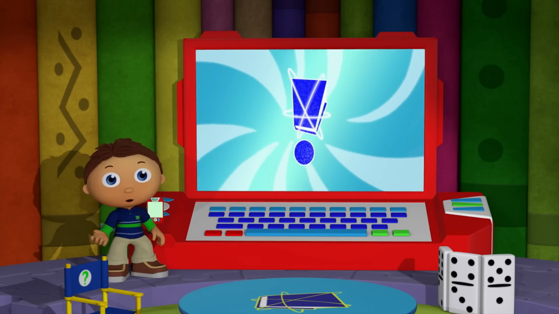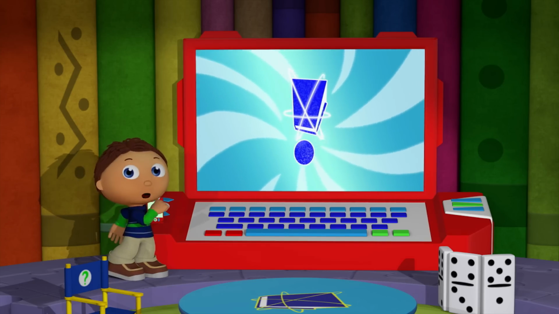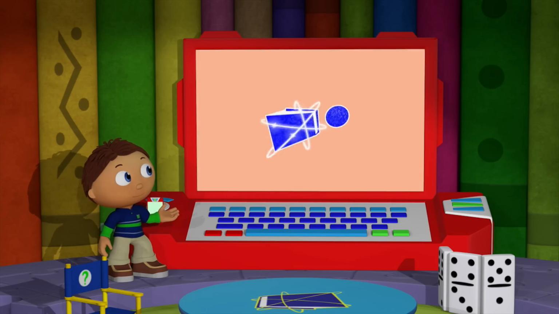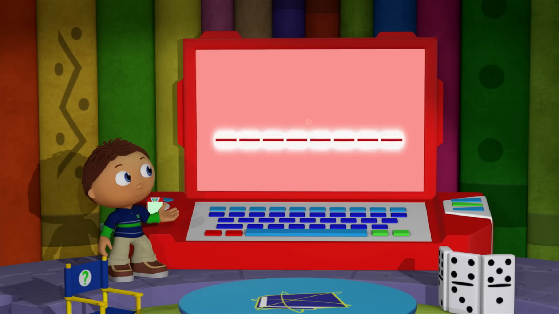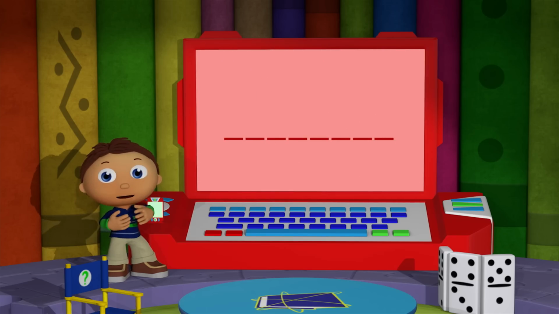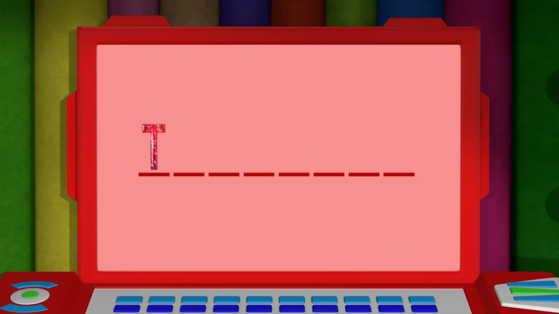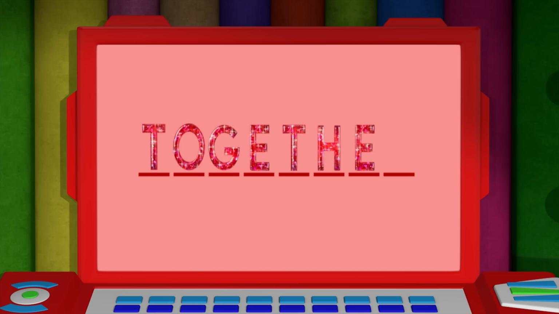Super duper computer, give us our super story answer. Read the letters with me. T, O, G, E, T, H, E, R. Together. The super story answer is together.